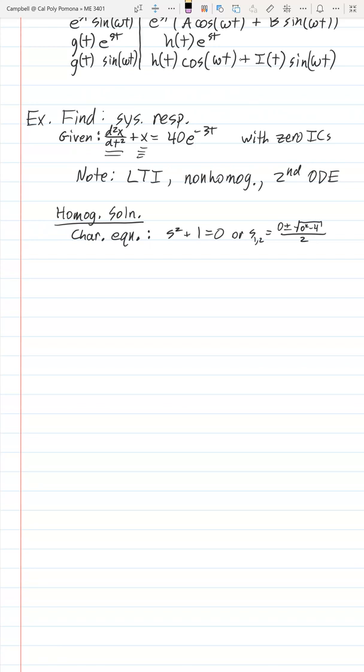And so we can see pretty quickly that that's just going to be equal to plus minus, so the magnitude 4 square root of that is just 2, but then we still have a square root of -1 over 2. The 2's cancel, so we're just plus or minus square root of -1. Well, that's obviously just j. So we get plus or minus j.